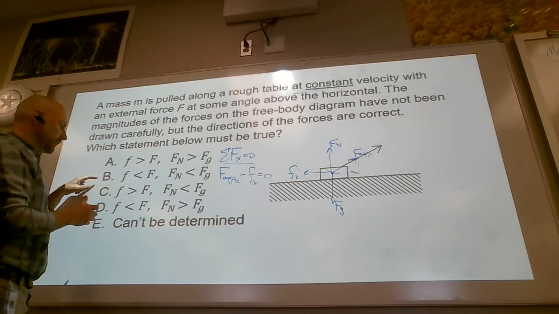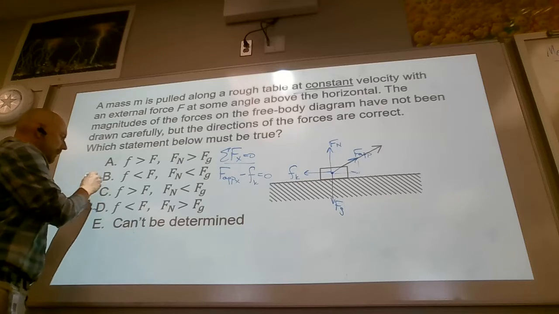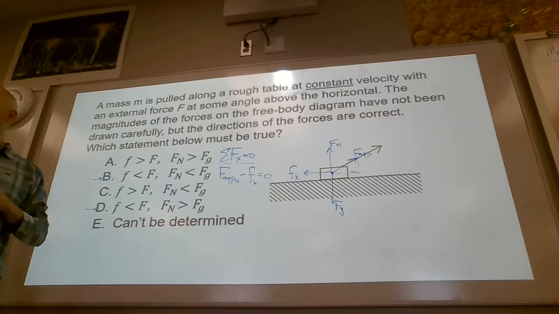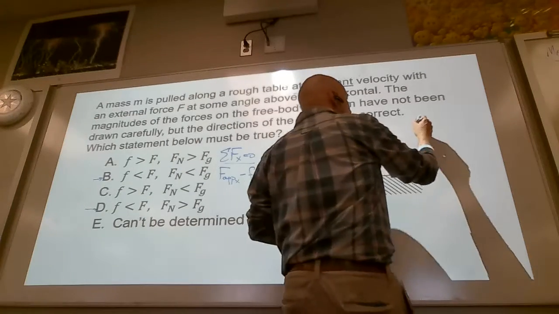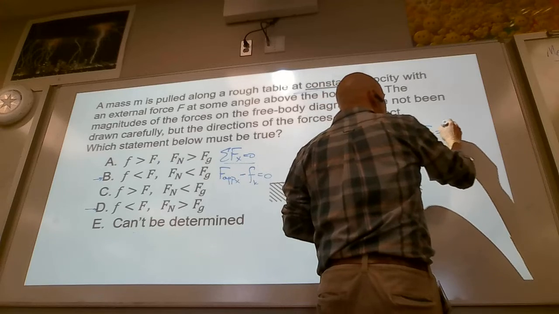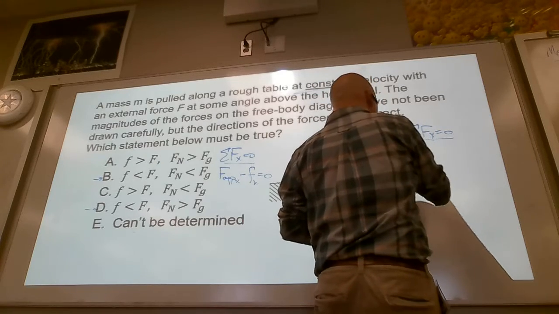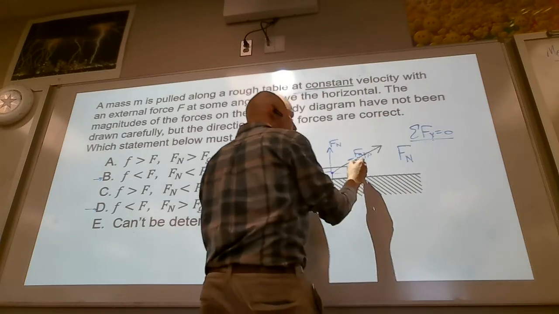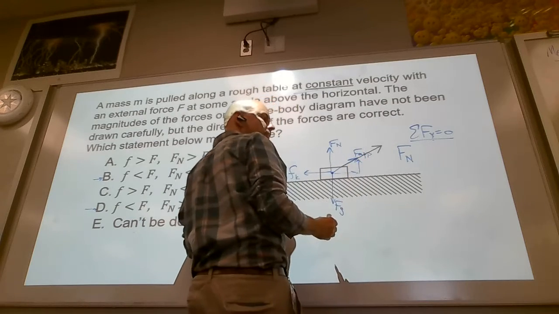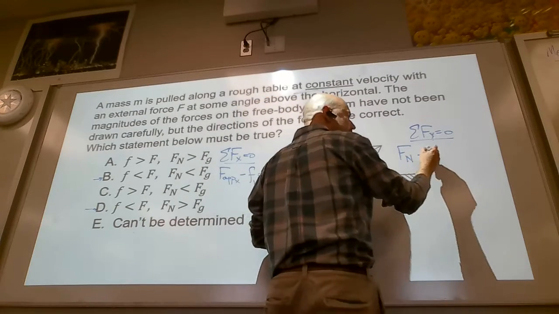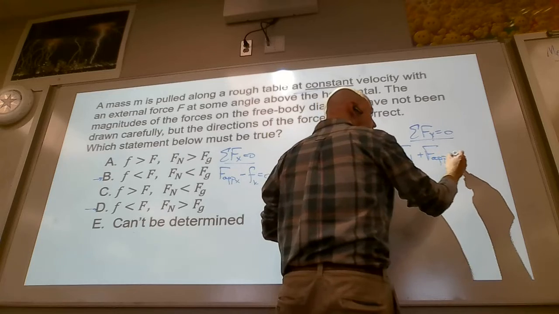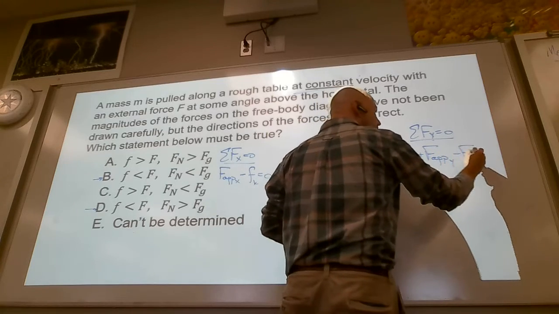Whole applied force. Okay. So that brings us down to B and D, which is the popular two that I heard. Is everybody all right with that? Okay. So then we look at the sum of the forces in the y direction. So you have normal force, we've got a y component of applied force that's going up, and then force of gravity that's going down.